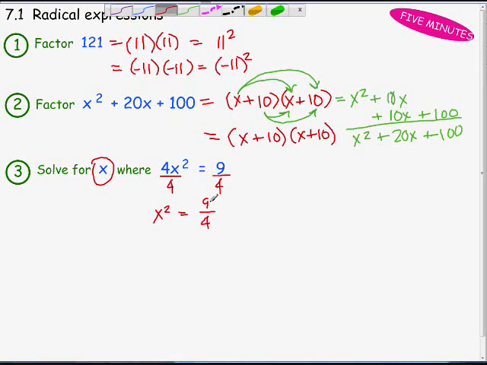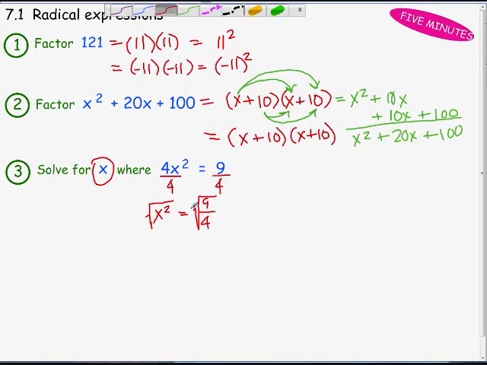And one of the things I hope you are noticing here is that 9 is a perfect square. 3 times 3. 4 is a perfect square. 2 times 2. And since we're about to do square root in order to find x all by itself, that's going to be important to us. If we take the square root of both sides, remember, as long as we do the same thing to both sides, it's good.